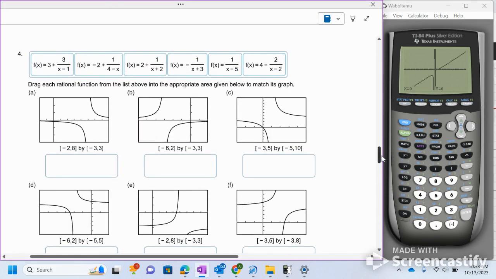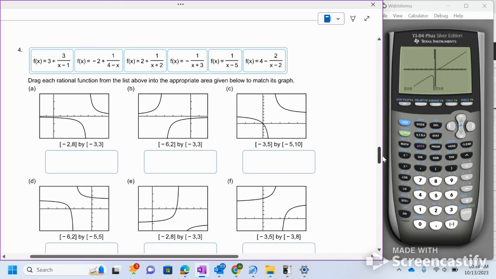And then we're going to start looking at which of these functions match with these functions. Okay? So, these numbers on the outside affect the going up and down. The numbers in the denominator are left and right.